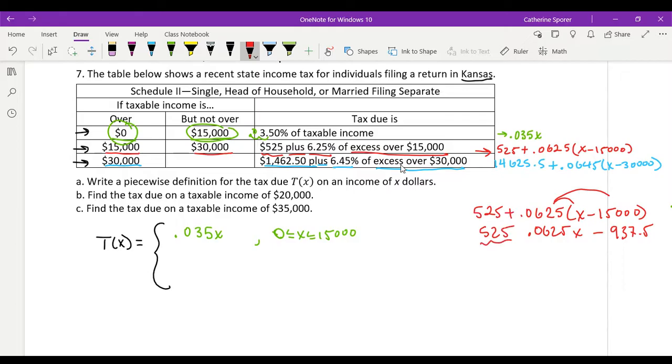And then combine these two terms, we would get 0.0625x minus 412.5. So 0.0625x minus 412.5 is the second equation, and that's when the income is between 15,000 and 30,000.